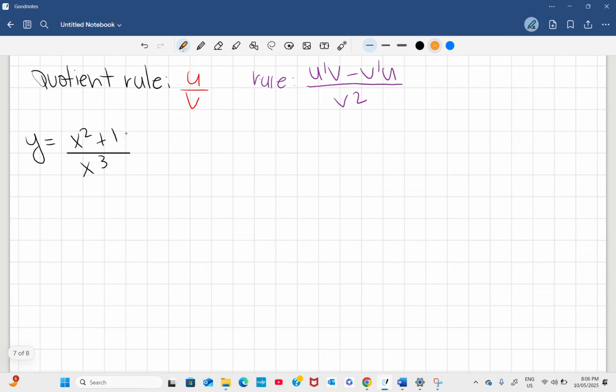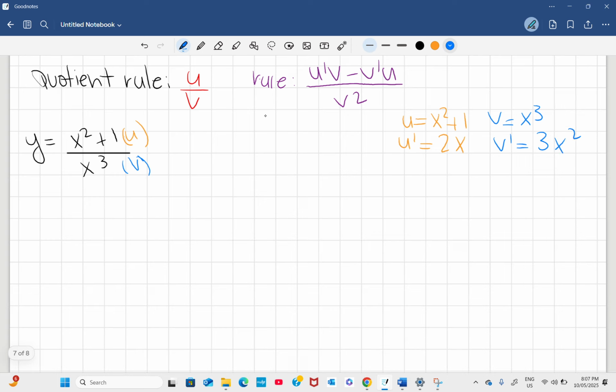So this is gonna be my u, and this is gonna be my v. Now let's do the table like we did before. I'm gonna write u equals x squared plus 1, u prime is 2x. Then v equals x cubed, my v prime is gonna be 3x squared.